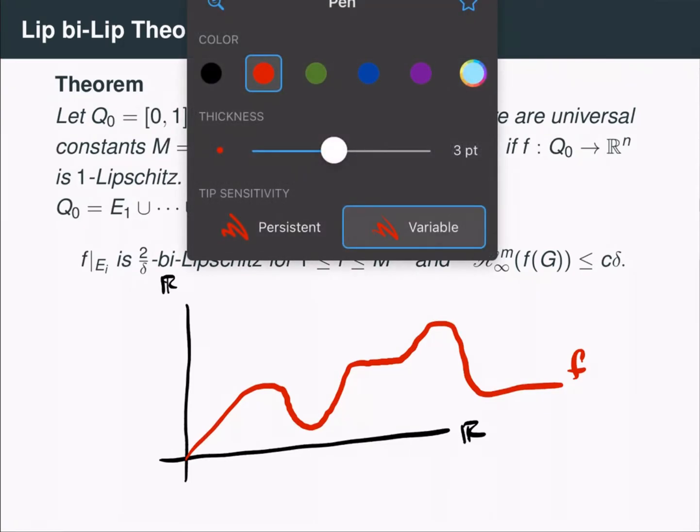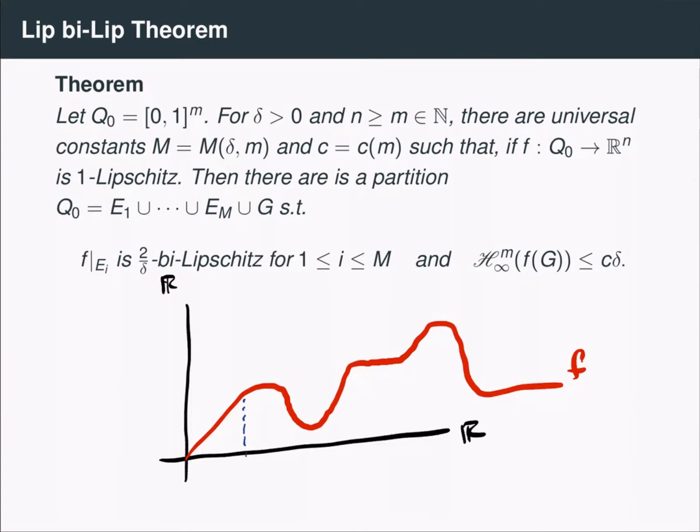However, we can split the domain up into parts where the function is bi-Lipschitz. So let's say this is set E1. We notice that along this interval the graph of the function just looks like the graph of the function y equals x, and so this will be a bi-Lipschitz function on this set. Similarly, we can restrict to this set, and f will be bi-Lipschitz.